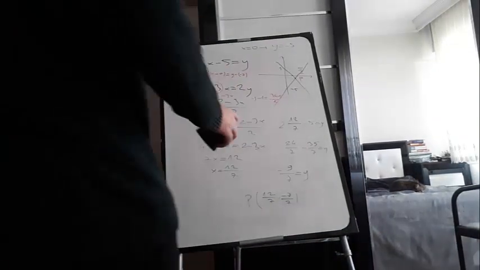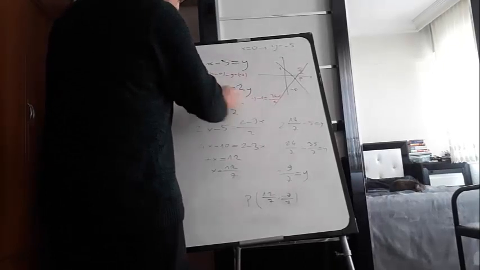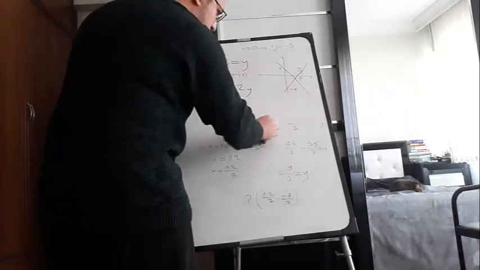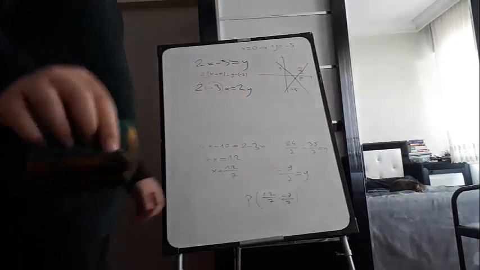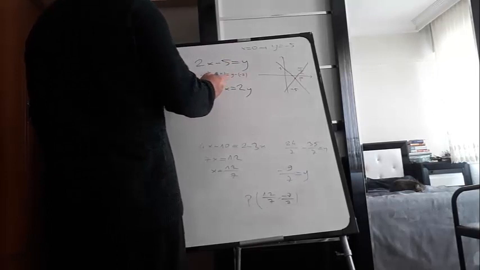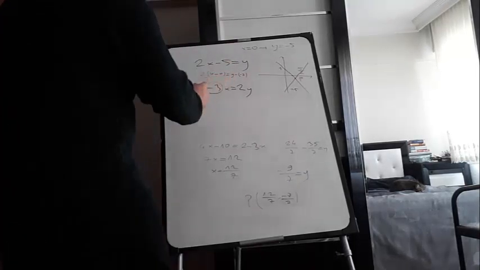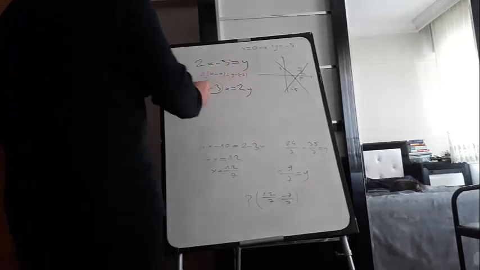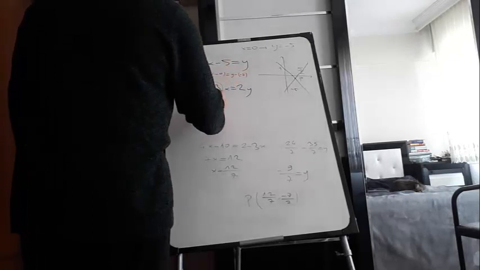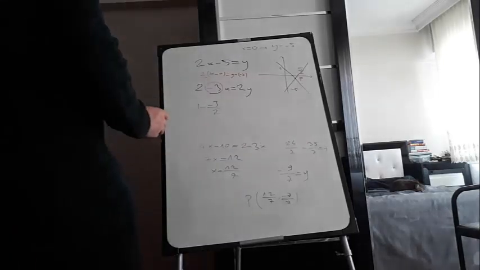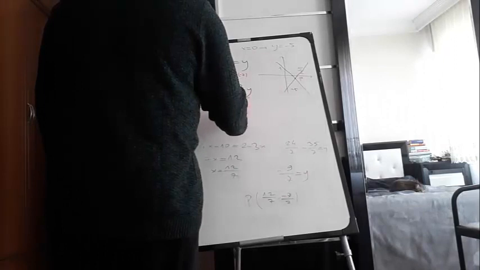Let me state it clearly. We want to find the slope of this equation of the line. I divide both sides by 2: 1 minus 3 over 2 x equals y.